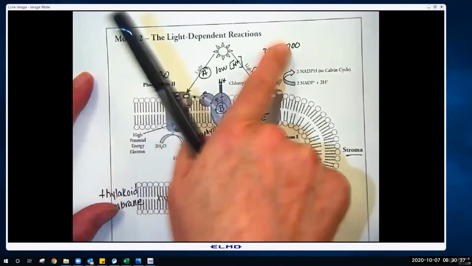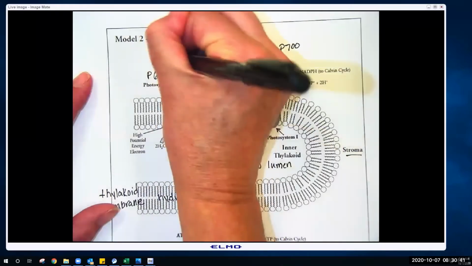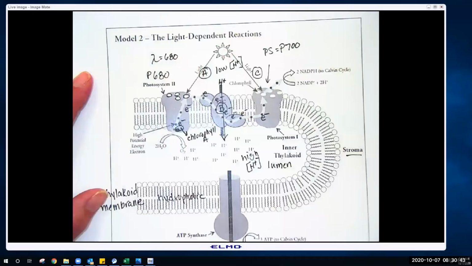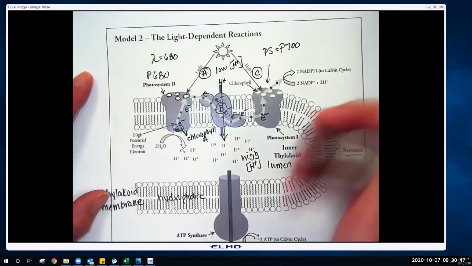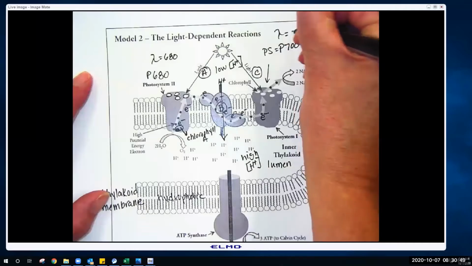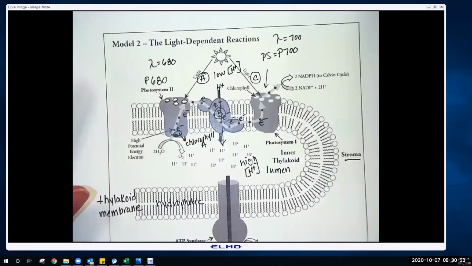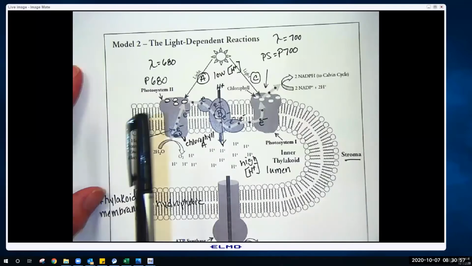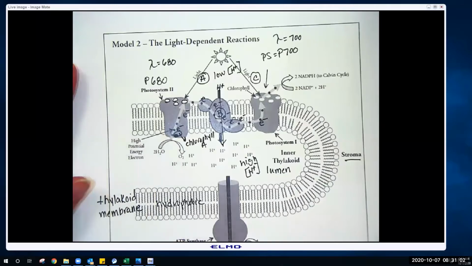The reason that we give them these numbers is because this is the wavelength that photosystem 2 absorbs light best at, and this is the wavelength that photosystem 1 absorbs light best at. It's stupid how they're named, but it's based on when they were discovered.